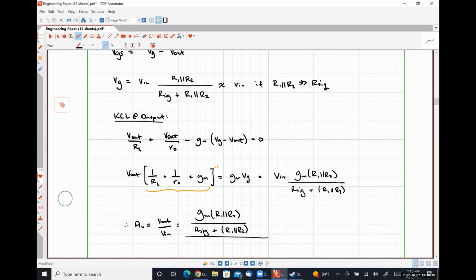This fraction over 1 over RL plus 1 over R naught plus GM, which is going to look like GM times R1 in parallel with R2 over R sig plus R1 in parallel with R2, multiplied by RL in parallel with R naught in parallel with 1 over GM.